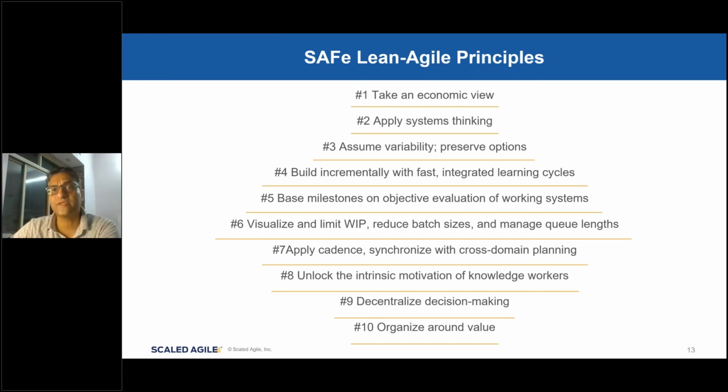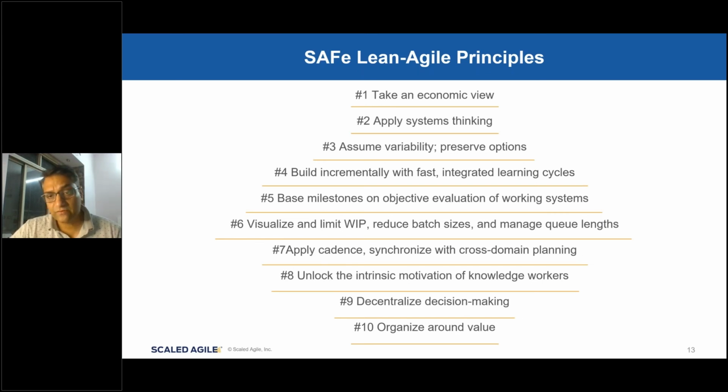As you can see, some of these principles talk about how to manage variability and how to limit your batch size: principle number 6, and principle 3 about variability, systems thinking, understand the whole, take an economic view. It's all about cost of delay and how you prioritize using measures like cost of delay. What comes into effect when we consider cost of delay? If you understand these principles the right way, whether you're from product teams or different roles, we believe understanding the principles will help you achieve business agility.